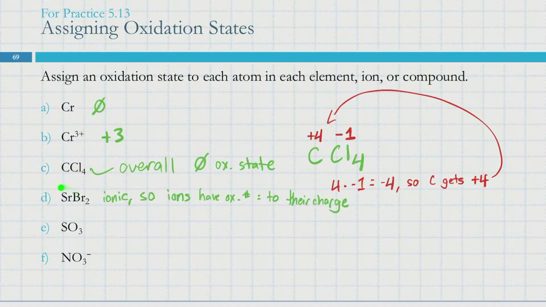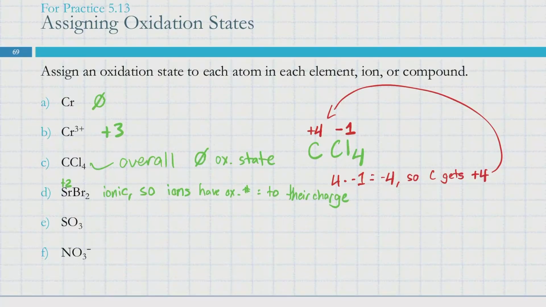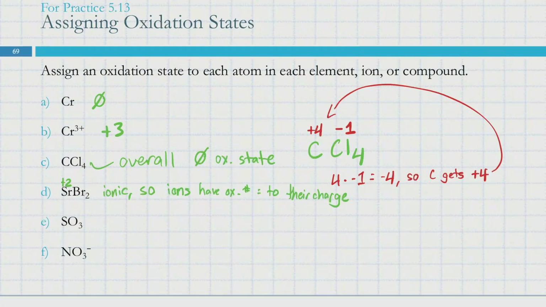So Sr, strontium, normally takes a 2+ charge. So we're going to give it a value of +2 for its oxidation state or its oxidation number. Bromine normally gets a -1 or 1- charge. So we're going to give it a -1 oxidation state or oxidation number.